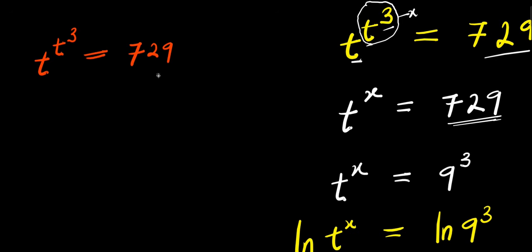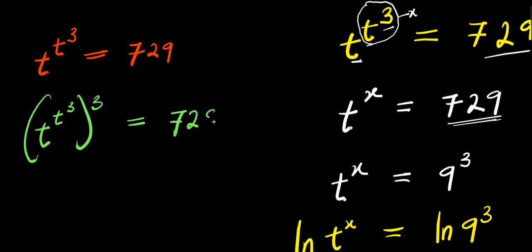Now, what we can do is to raise each part of this equation to the power of 3, because there's 3 here already. So t power 3, raised to the power of 3, equals 7 to 9 raised to the power of 3.